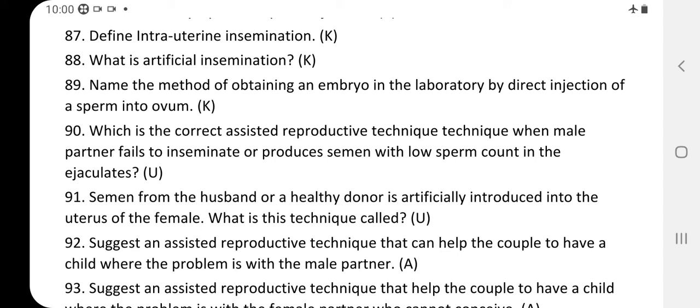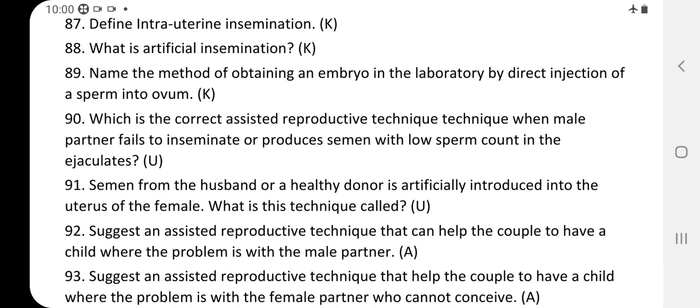Which is the correct assisted reproductive technique when the male partner fails to inseminate or produces semen with low sperm count in the ejaculate? That technique is intrauterine insemination.